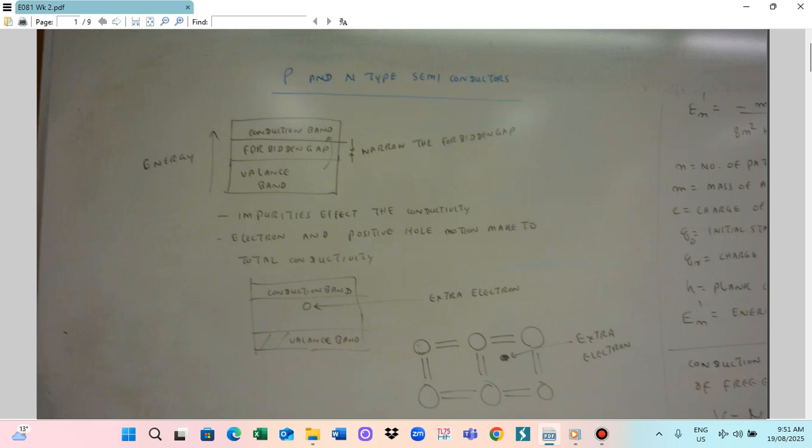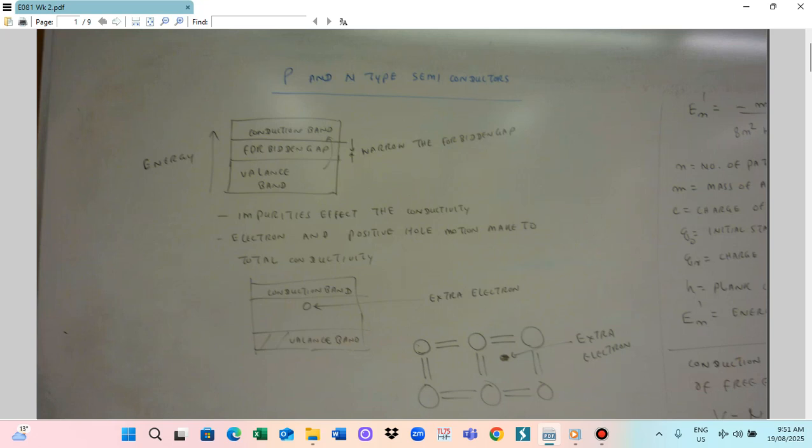So in this bond we can put the extra electron. This is the atomic structure with the extra electron, and for the energies, we can put the extra electron into the forbidden gap between the bands. This is the way electron waves are moving.